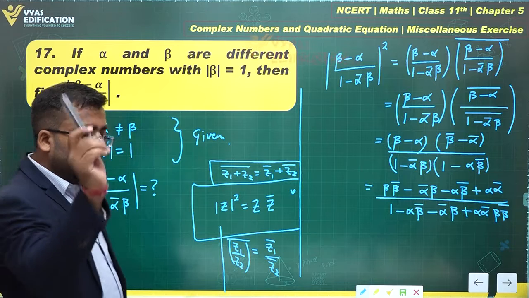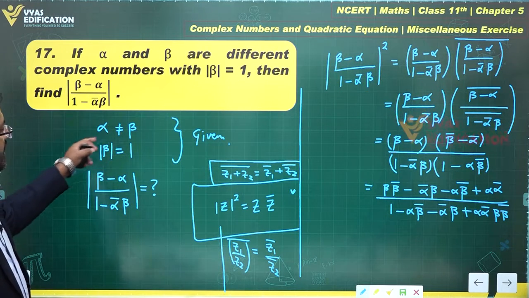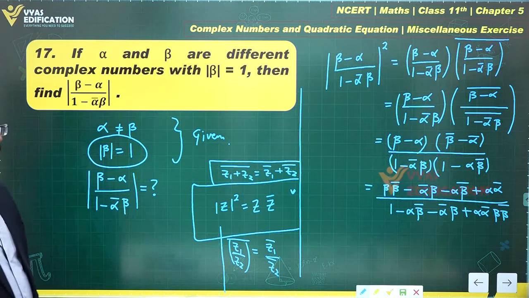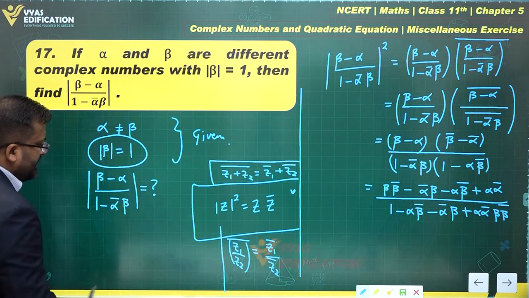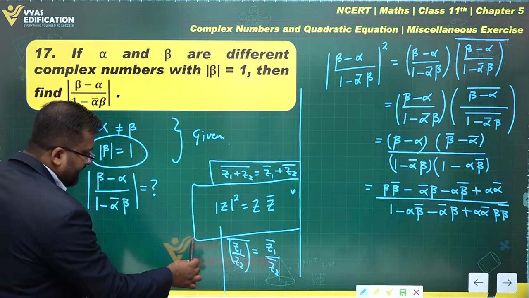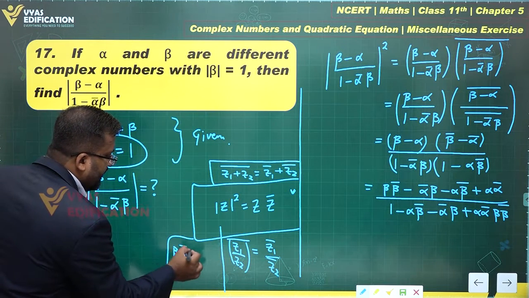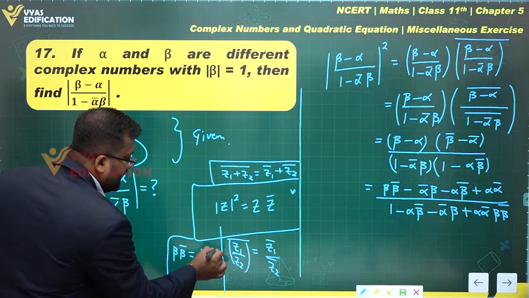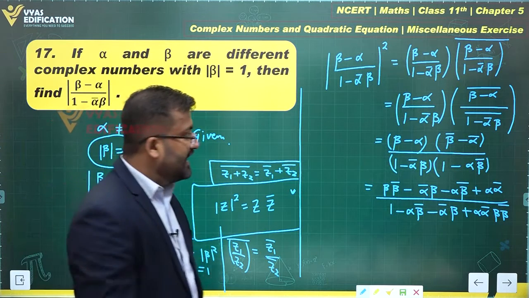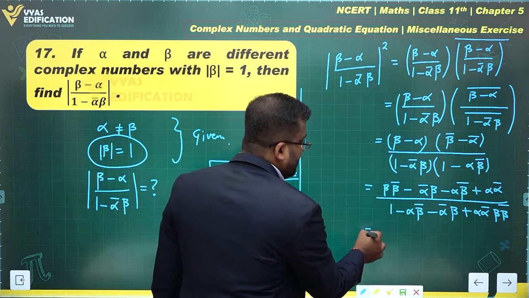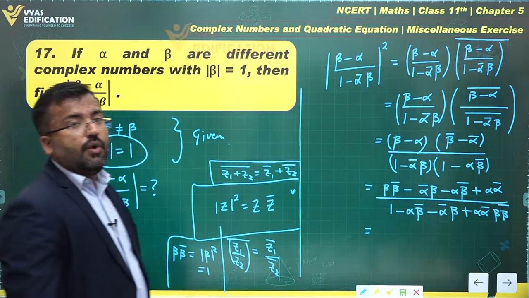Now recall, there was one more condition which was given, and that condition was only on beta. Modulus of beta is equal to 1. And since modulus of beta is equal to 1, I'll use another idea over here. Beta bar is actually equal to modulus of beta whole square, which is equal to 1. And yes, that is something I'll be using next, that beta bar is actually equal to 1.